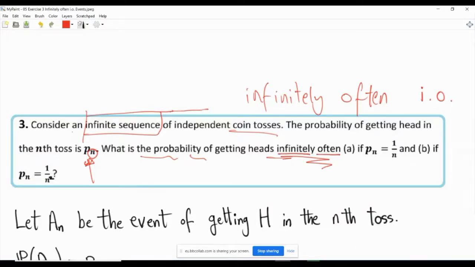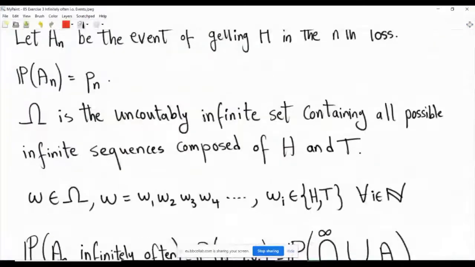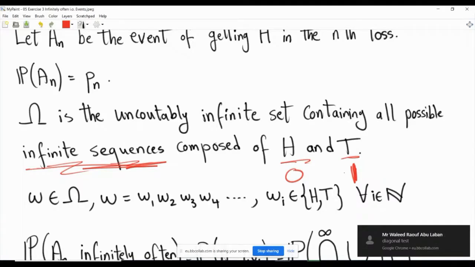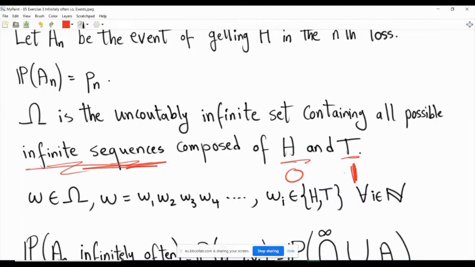So it is an uncountably infinite sample space. Why? Because it is basically the space of infinite sequences of head and tail. You can think of it as the infinite sequences of zeros and ones. In the first lecture of this course, we did the proof with the diagonal argument that this set is strictly larger than the natural numbers.